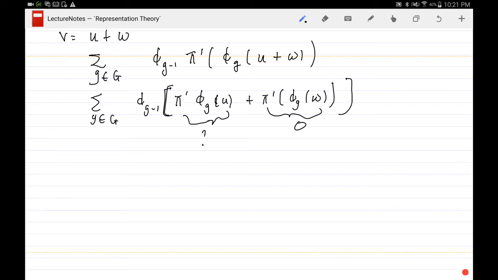Here is where it's really helpful to keep things straight between the sub-representation space and the representation. Remember, the sub-representation space was stable under the action of our group G. U, by assumption, is a sub-representation space. In other words, it's stable under the action of the group.